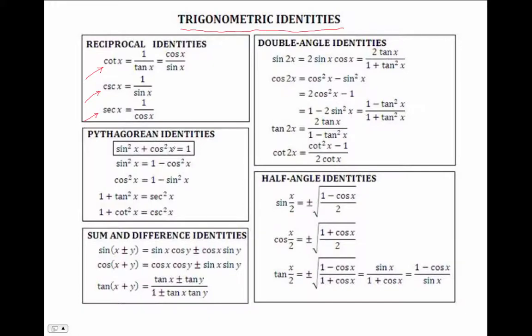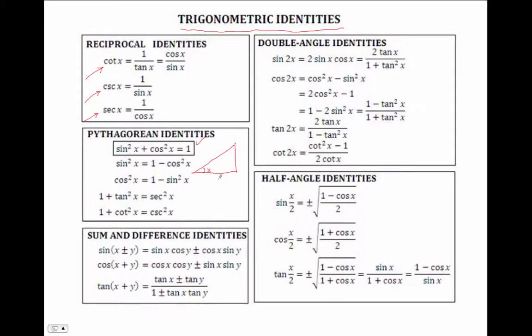In terms of content, the Pythagorean identity sine squared x plus cos squared x equals 1 is very important, and of course it's trivial to derive because it is basically the geometry of a right angled triangle.